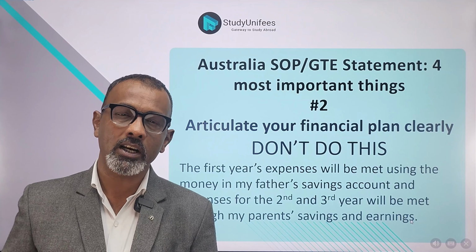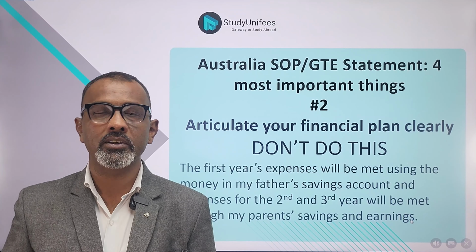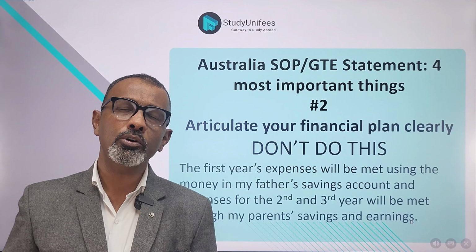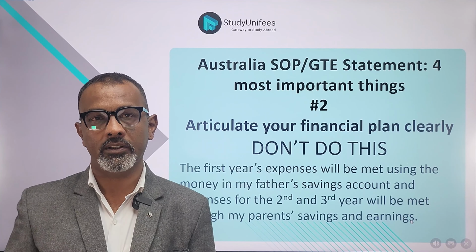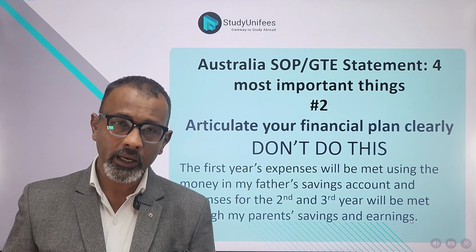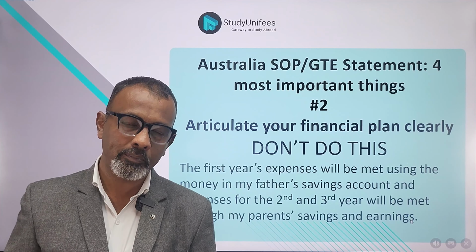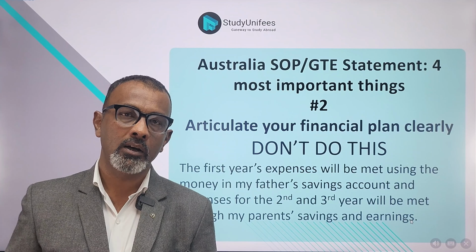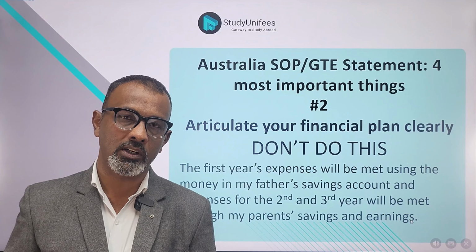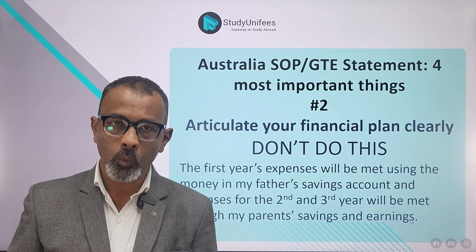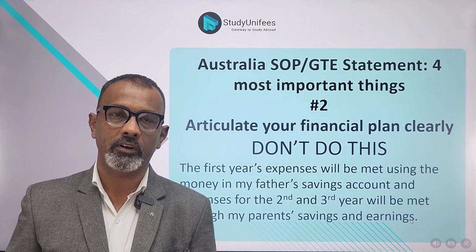It is also not enough to say that the subsequent year's expenses will be met through your sponsor's earnings and savings. Here, you should articulate your financial plan very clearly so that the case officer is very clear that you have the financial capability to pay for everything from the funds of your sponsors without resorting to work as a medium to pay for everything.